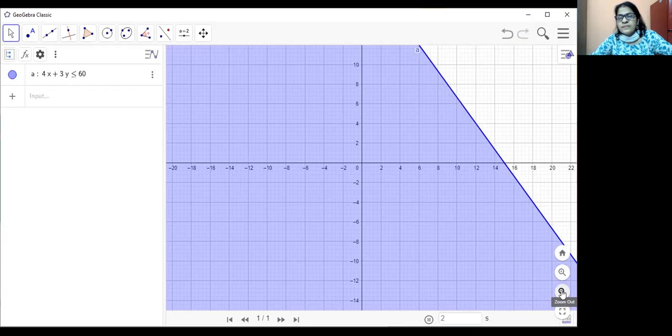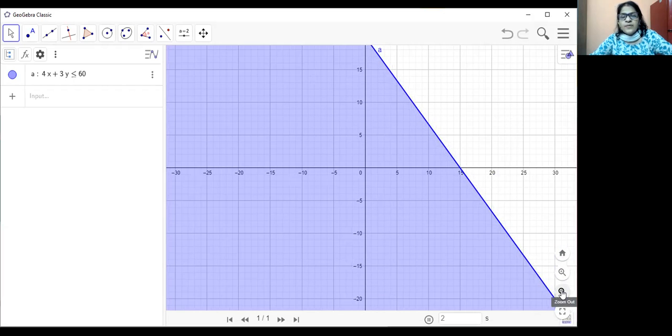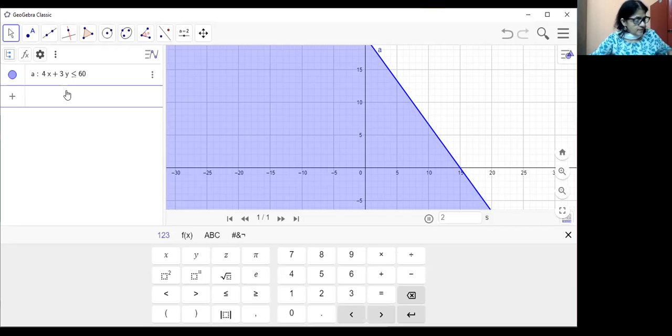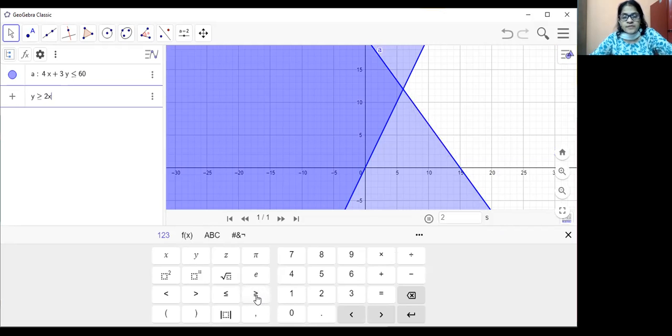Okay, we can take it like this. Next one is y greater than or equal to 2x. Here you see how we are taking the common portion. x greater than or equal to 3.